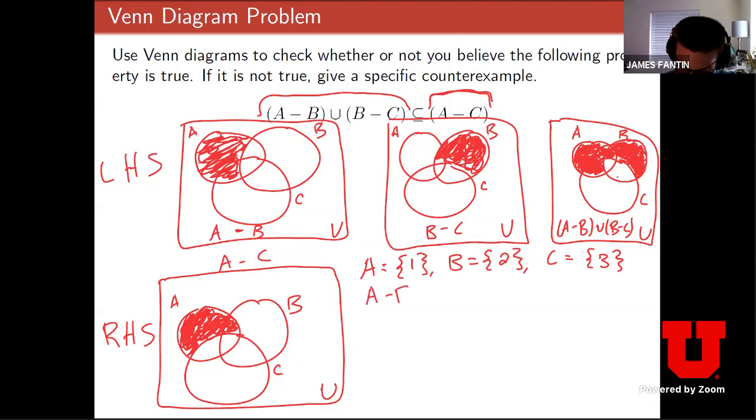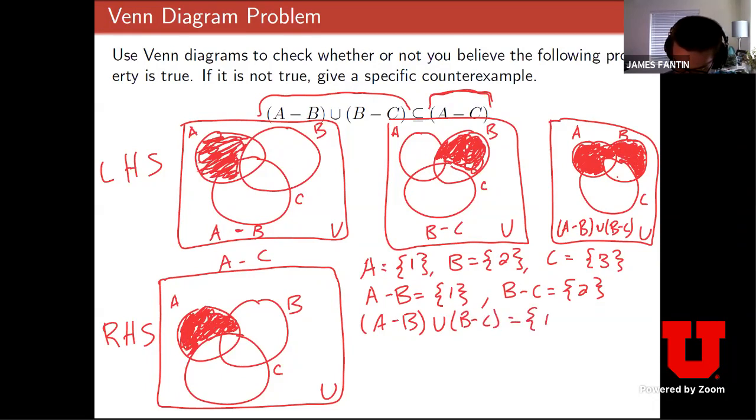Then if we did A subtract B, that would just be the set {1}. B subtract C would just be the set {2}. And A minus B union B minus C would be the union of these two, so that would be the set {1, 2}. But A minus C: set A is just {1}, subtract out elements that are 3, there are none.